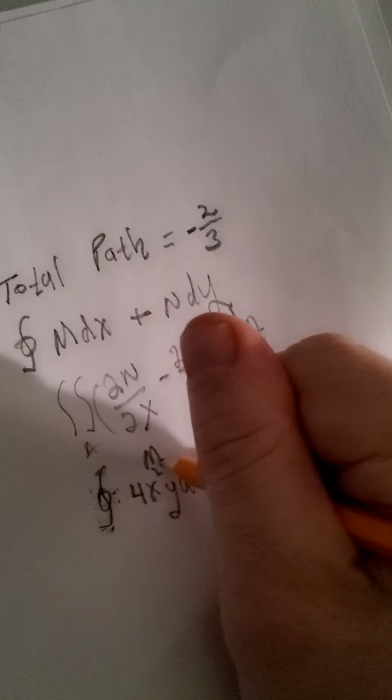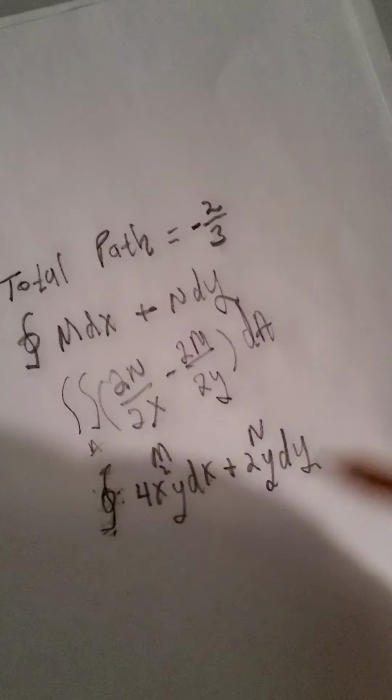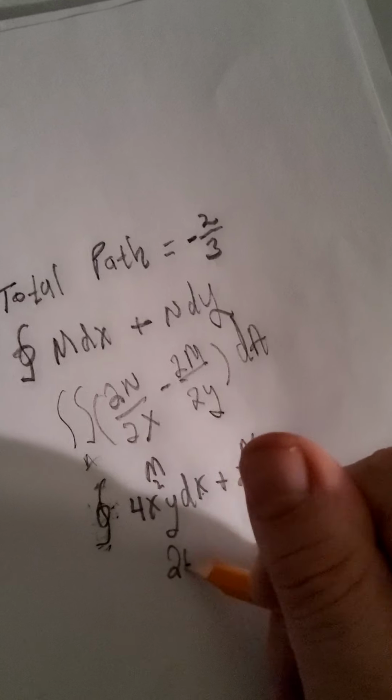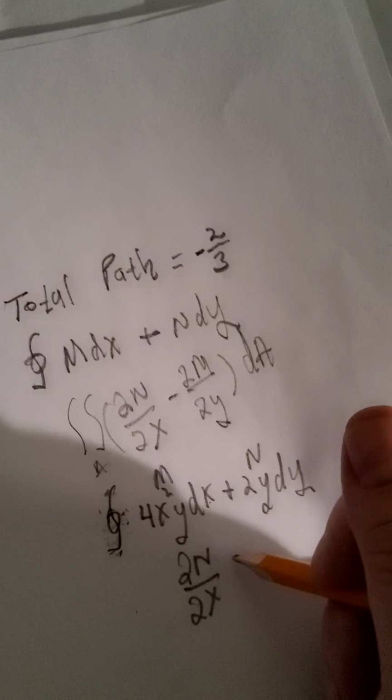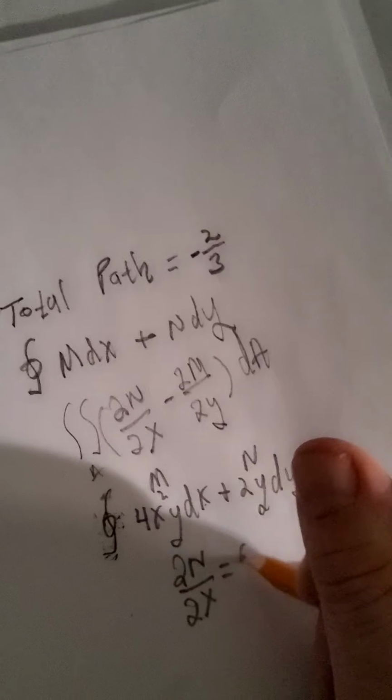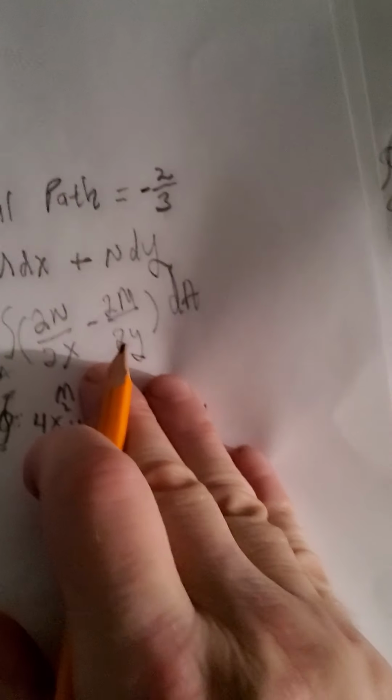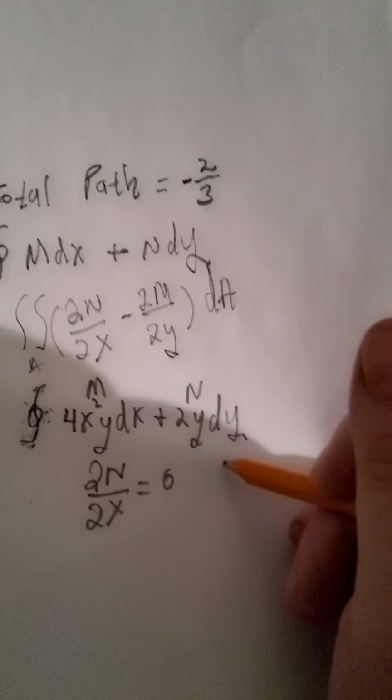Looking at that is m, and looking at this is n. I'm going to say partial n partial x. Partial n partial x equals 0, because the derivative of y with respect to x is just going to be 0.